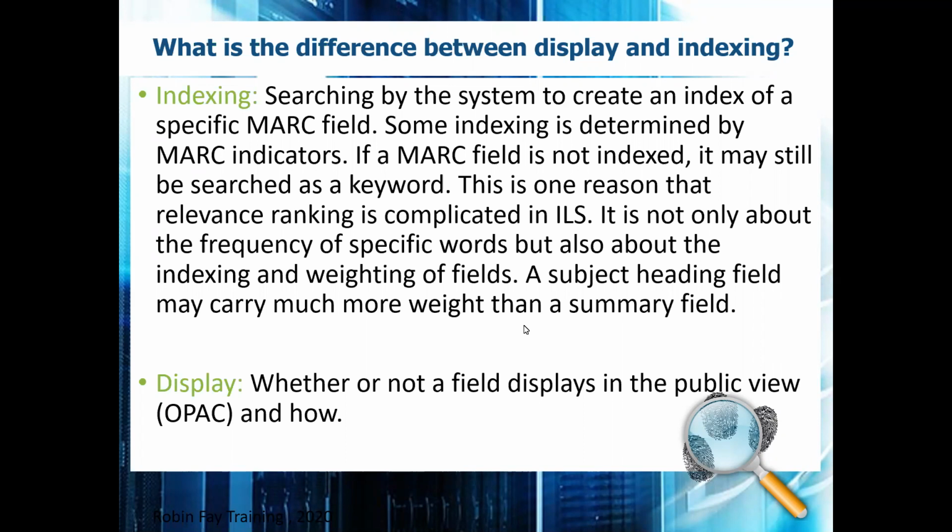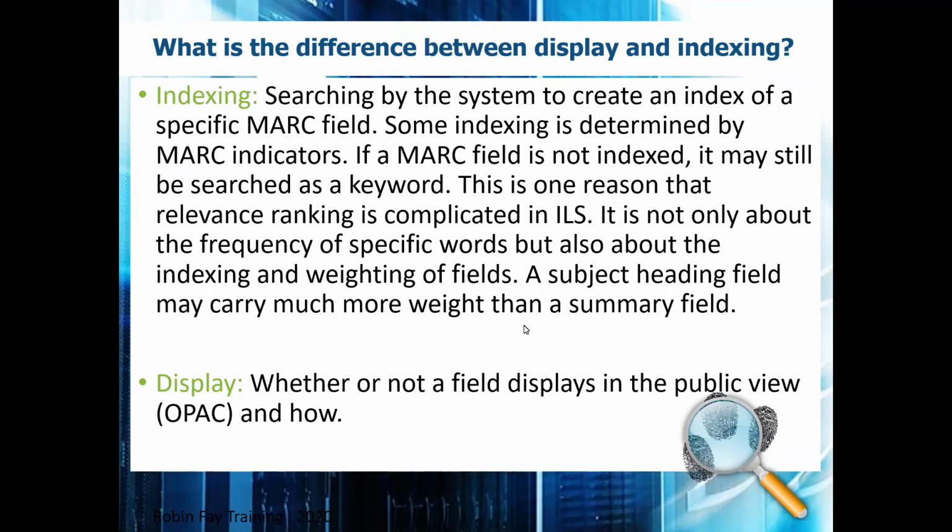Some of the older ILSs, your mileage may vary on some of this. For some of you who have very old ILSs, or maybe built something yourselves, it may not do all the things that I'm mentioning. So I'll try to keep that in mind. But if a MARC field's not indexed, then it may still be searchable by keyword. That would be kind of like what we do with Google.